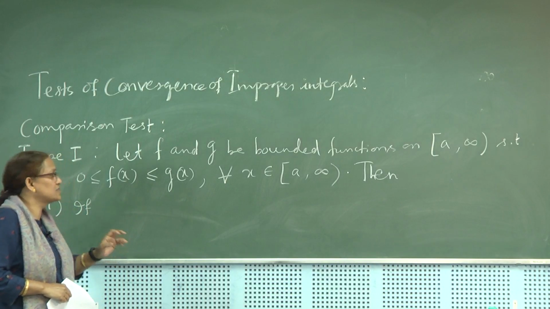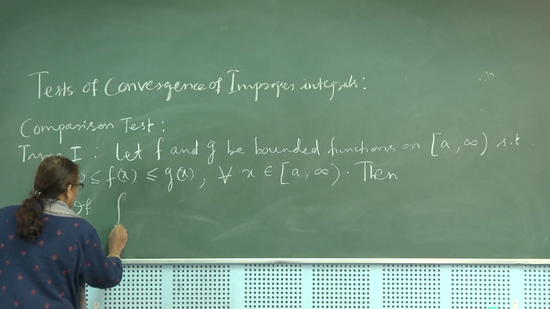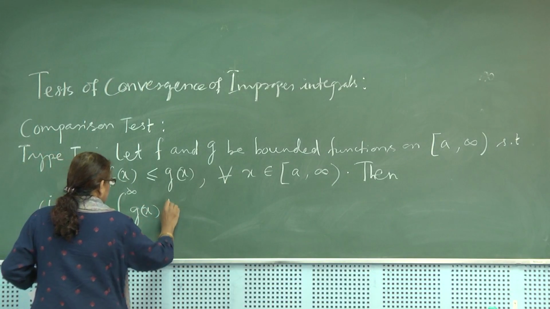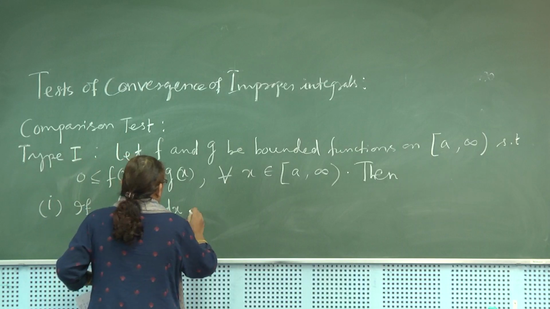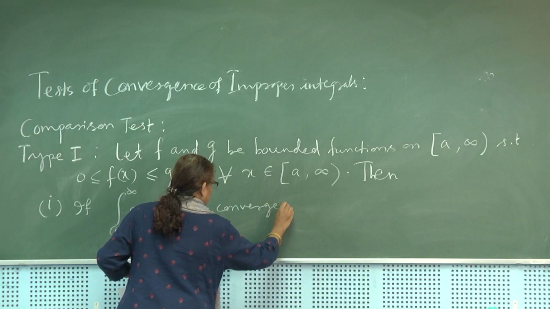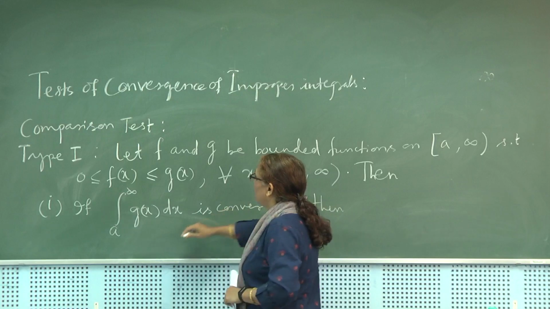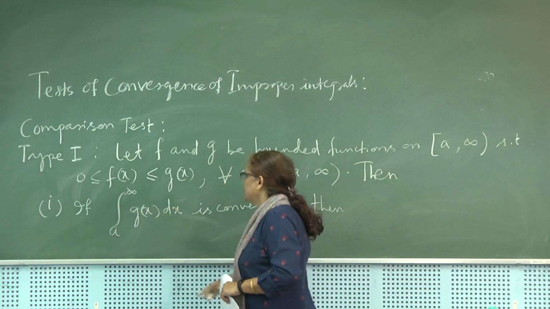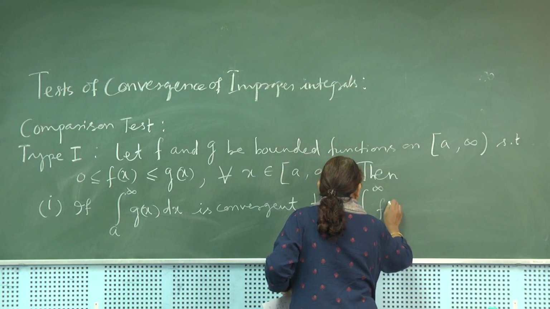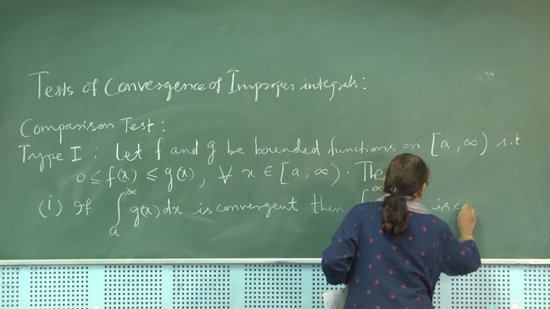So, if integral a to infinity g x dx is convergent, then convergence of this integral a to infinity f x dx is assured; this is convergent.